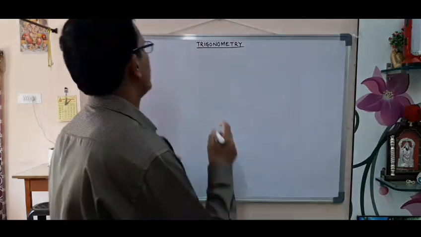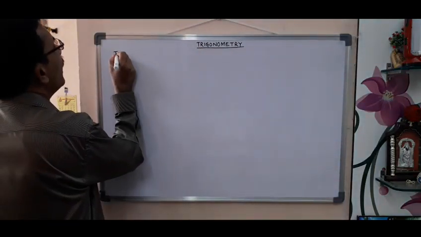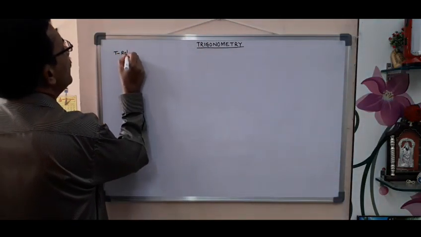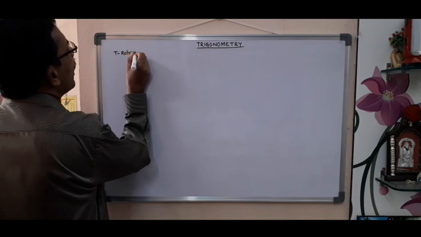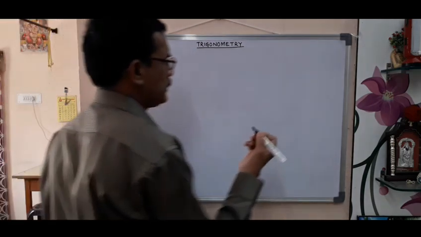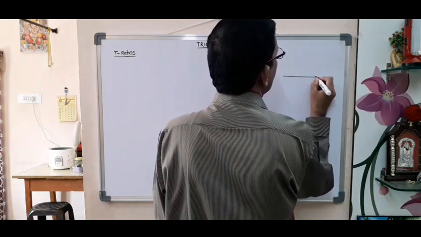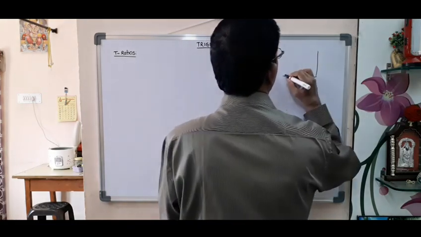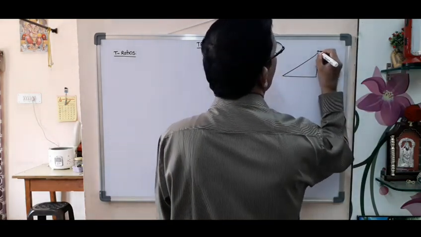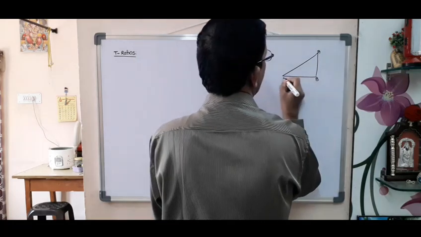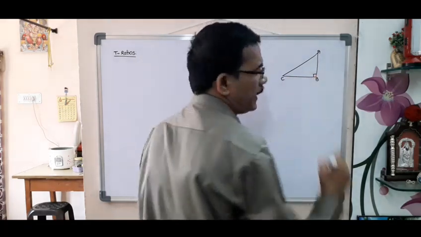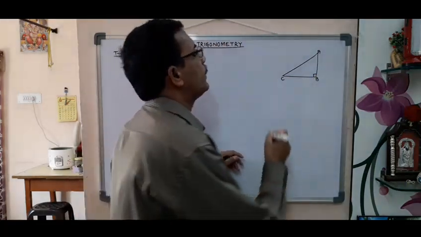First let us see the definition of trigonometric ratios. ABC is a right triangle in which angle B is equal to 90 degrees.